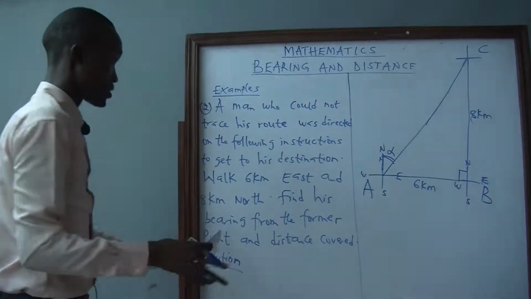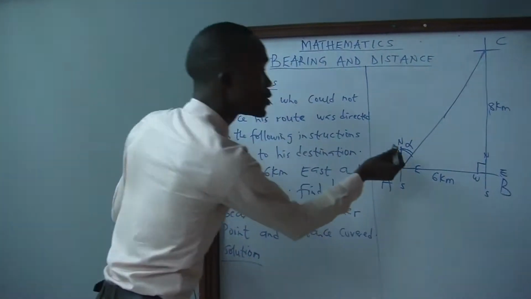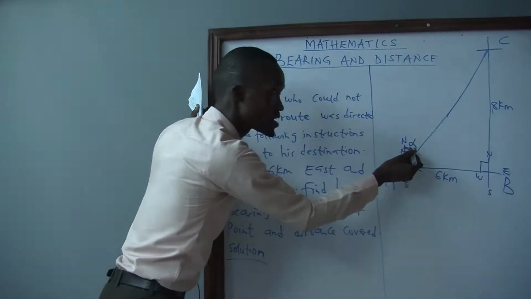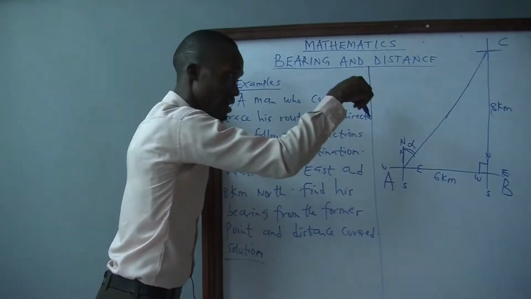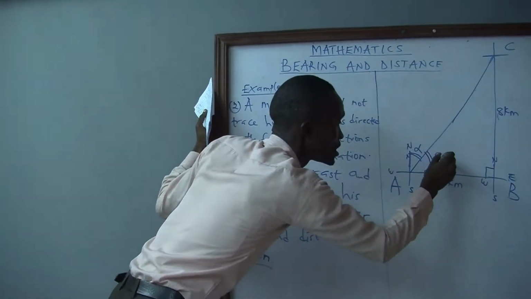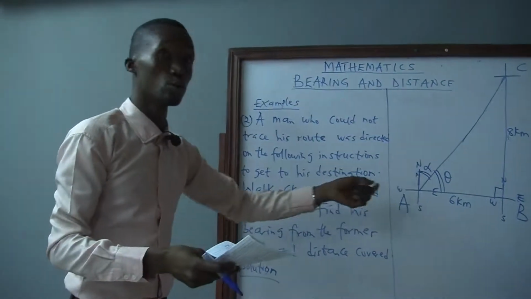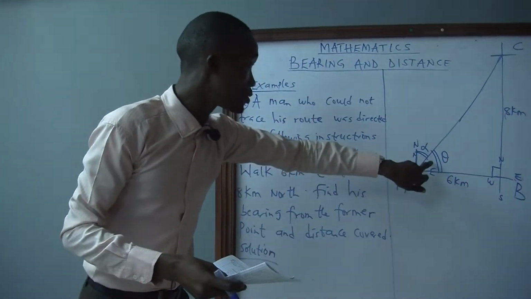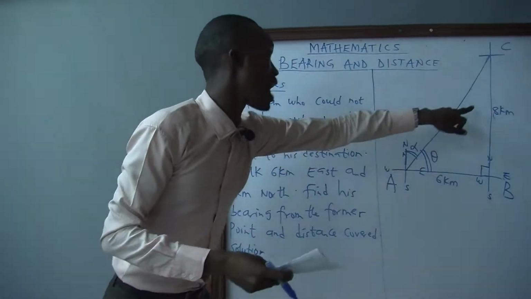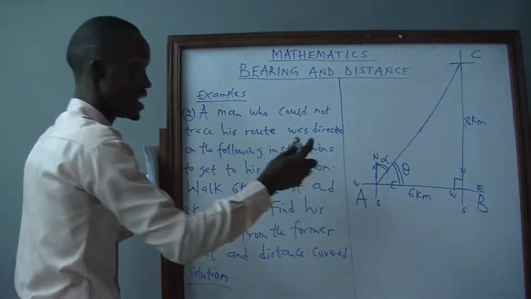From there, the first thing we have to do is to get our bearing. So we need to get this alpha, but there is no way we can get this alpha without getting this angle inside the triangle. I will name that one as theta. I said we can use different things to denote angles. So I will use this as theta, and I will apply what we call trigonometric functions that we have done earlier.